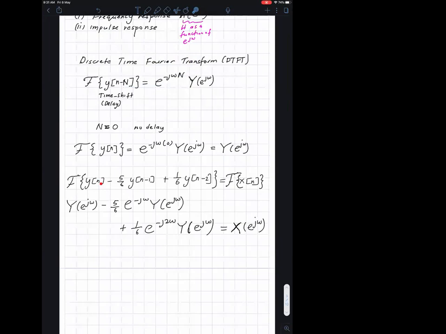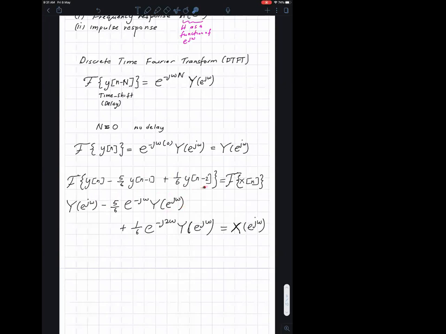Okay, the discrete Fourier transform of this one is this one. The discrete Fourier transform of this part is here.